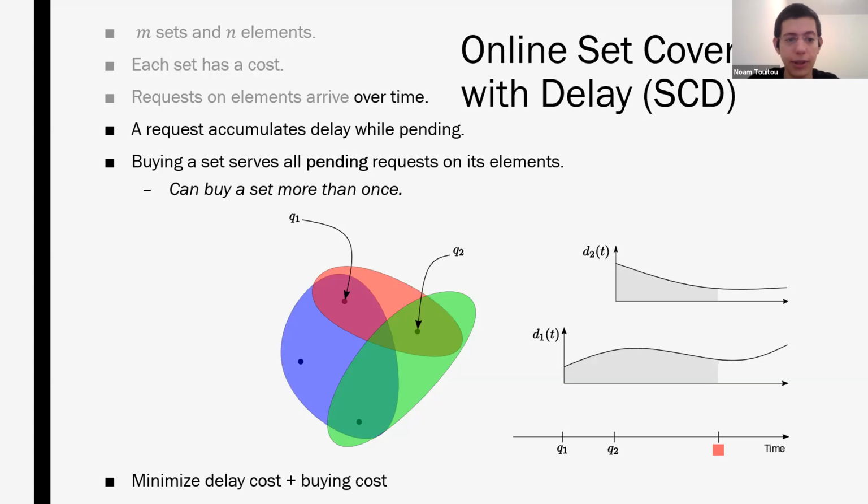The total goal is to minimize the delay cost of the requests and the buying cost of sets. And here, for example, Q3 arrives on the same element as Q2, but it arrived after the algorithm bought the red set, and thus the algorithm has to buy another set in order to serve Q3.